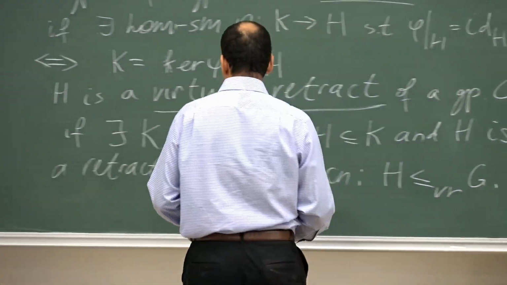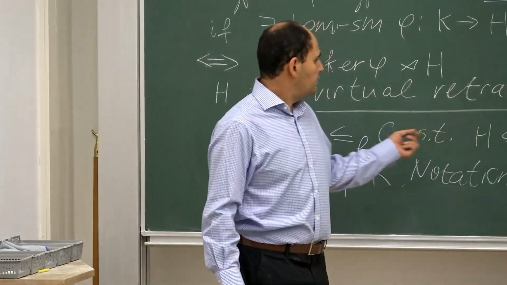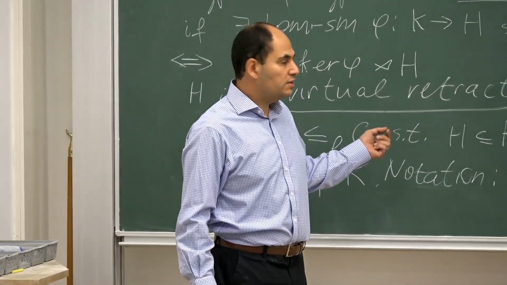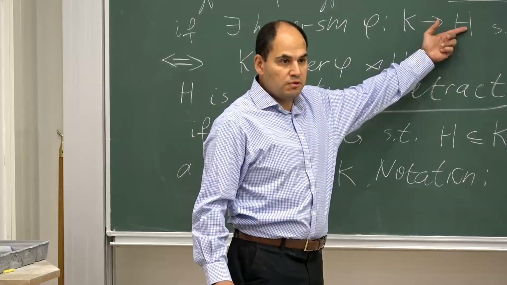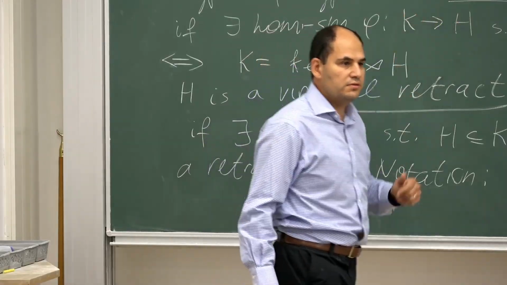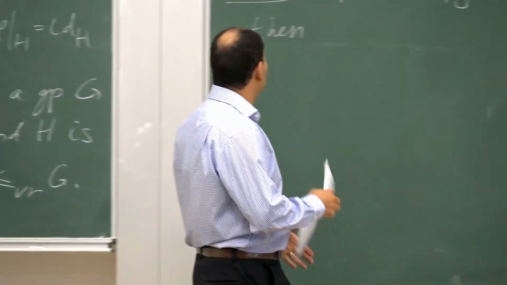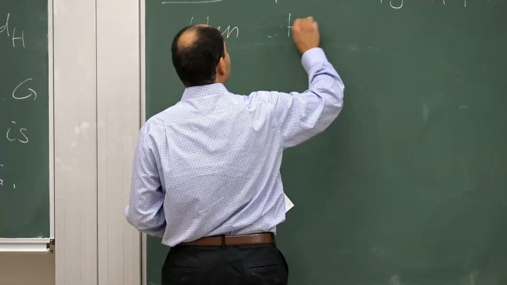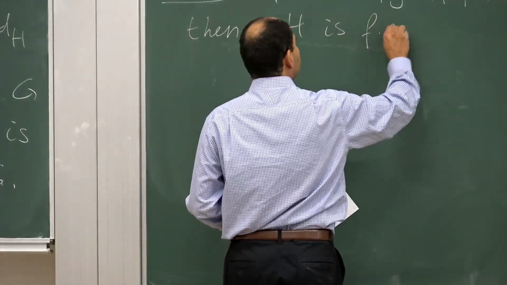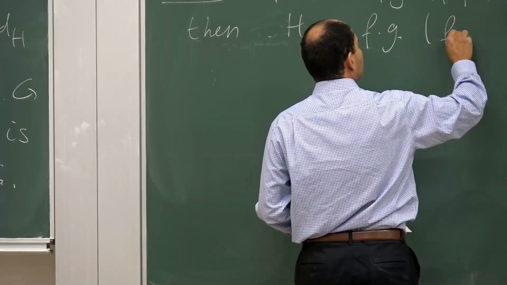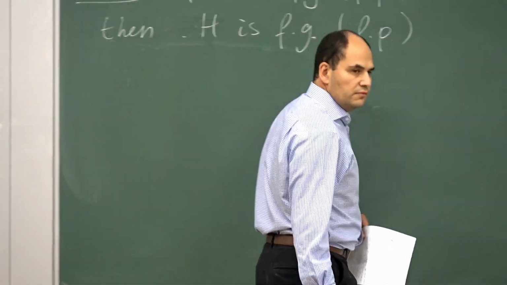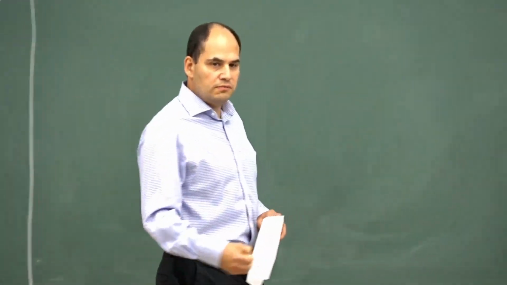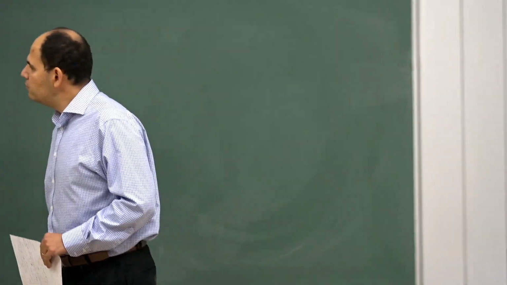G is finitely generated, so every finite index subgroup of G is finitely generated, and H is an image of a finitely generated group, so H is finitely generated. You can also show that a virtual retract of a finitely presented group is always finitely presented.